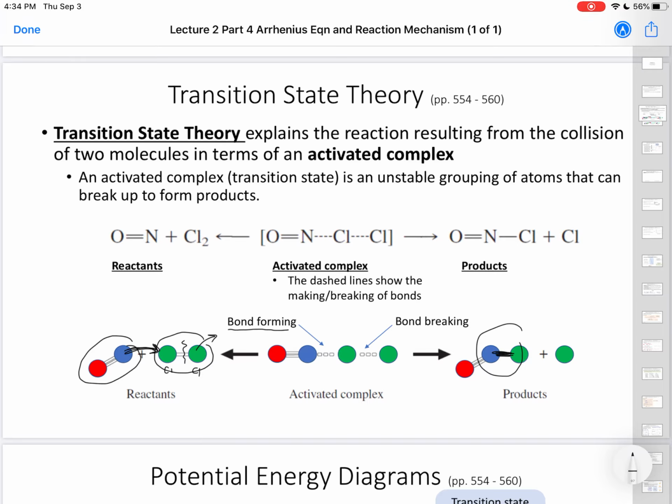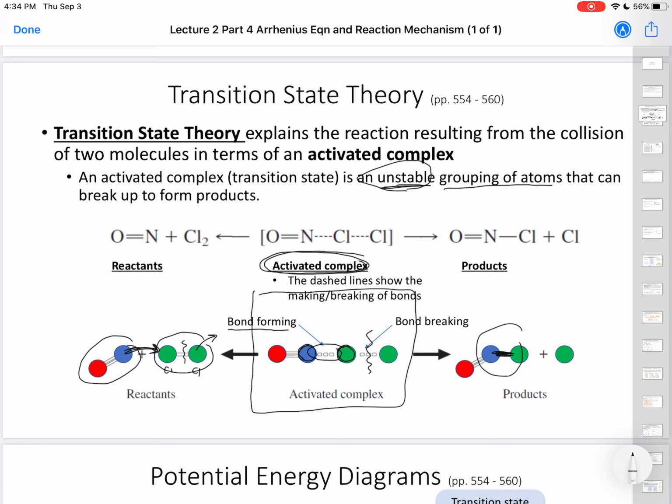This complex, where all four atoms are kind of joined together, is called the activated complex. The dashed lines show the making and the breaking of the bonds. This activated complex is very unstable, a grouping of atoms, and it will break up and form two separate, distinct products. This is what we call the activated complex.